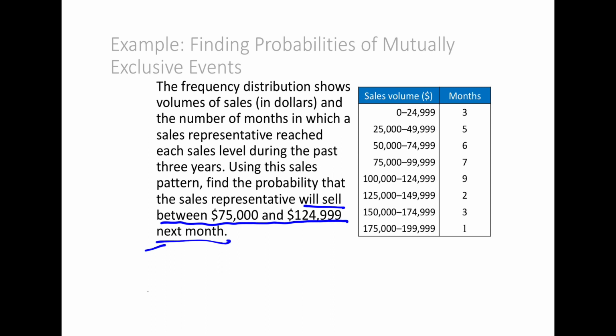And we can see that that is actually 2 different rows here, this one and this one. So there's 2 events that comprise or describe what we're looking for here, 2 rows.